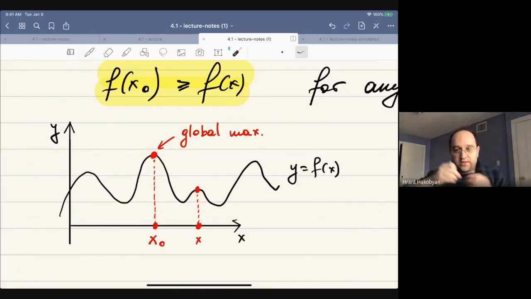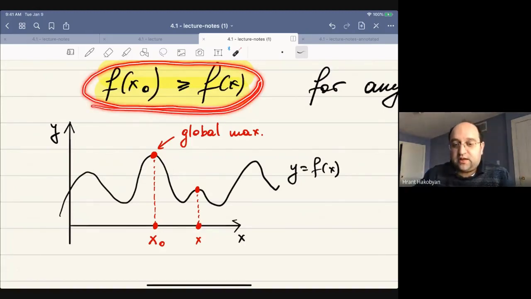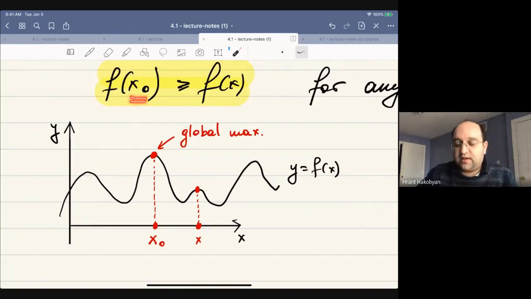So global maximum means the highest point of the function, and in other words, the value of the function is greater at x naught than at any other point. So we say that there is a global maximum at x naught.